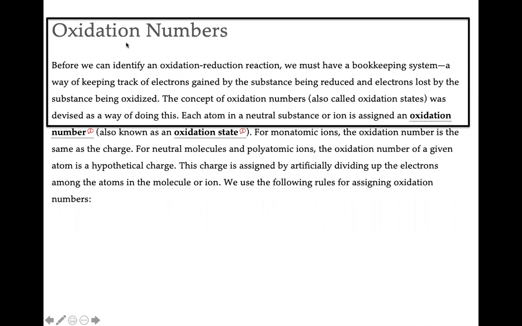First of all, I'm going to look to the textbook because I think it does a pretty good job explaining this. It brings up the idea of oxidation numbers. Let me point out that we can assign the oxidation number for any atom in the formula. So oxidation numbers are assigned at the atom level.